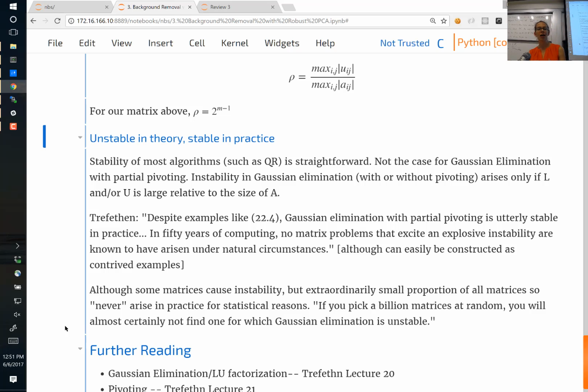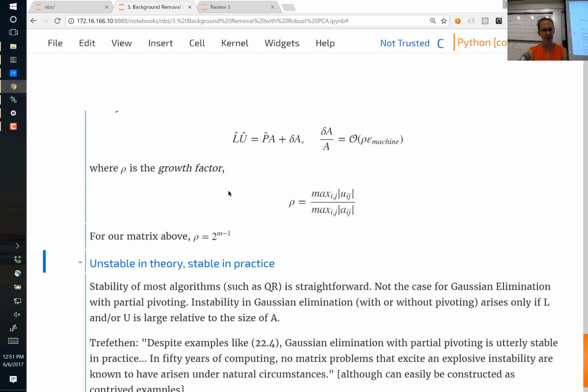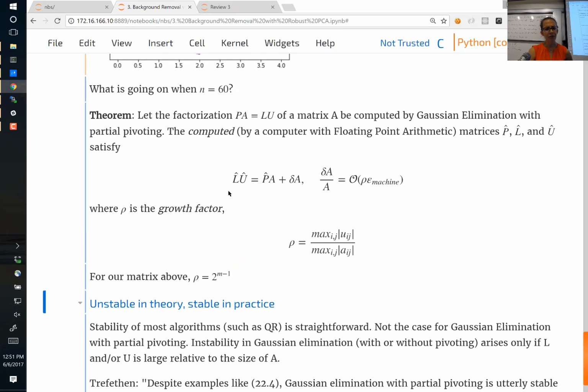In 50 years of computing, no matrix problems that excite an explosive instability are known to have arisen under natural circumstances, even though we saw one today that was very contrived. So I think it is interesting, and it's also something about the definition of stability. It's okay that we have rho in there, but if rho is huge, then this breaks down.